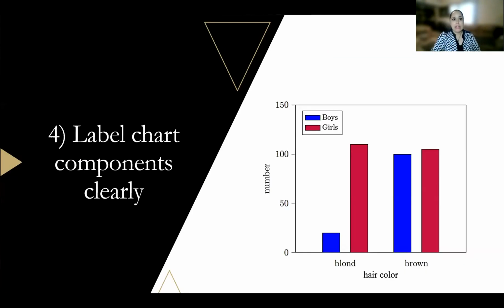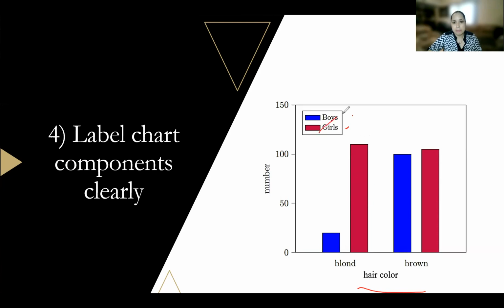Number 4, label chart components clearly. This is very easy to understand and to explain, I think. I showed this example. I found it also. This is not from one of my studies. This is from an example on the internet. Just a comparison of hair colors, boys and girls.